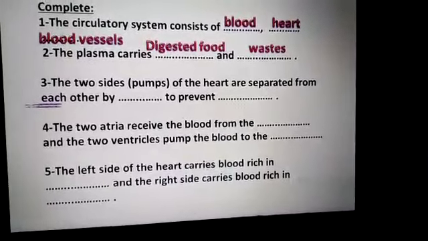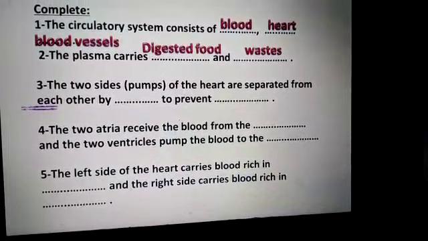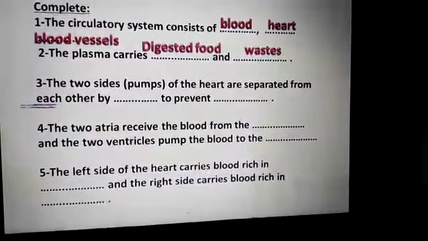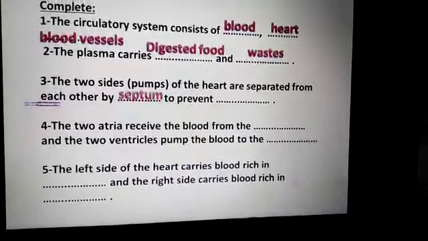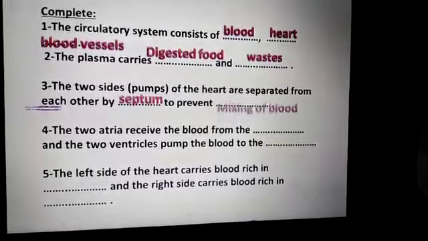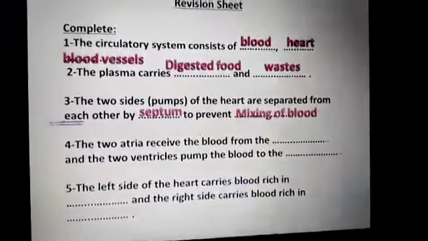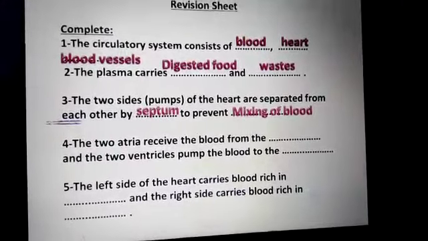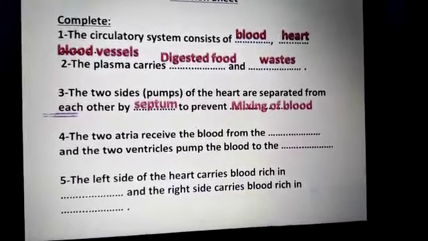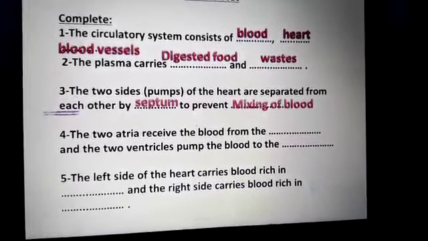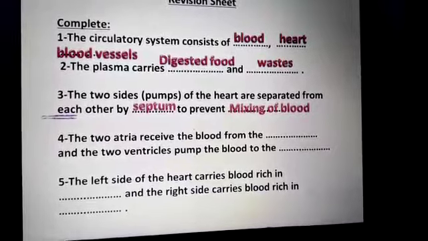Number three, the two sides pumps of the heart are separated from each other by a septum to prevent mixing of blood. As we said before, there is a septum between the two sides of the heart to prevent mixing of blood in the two sides.